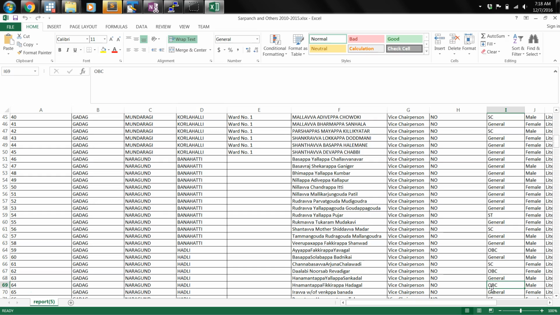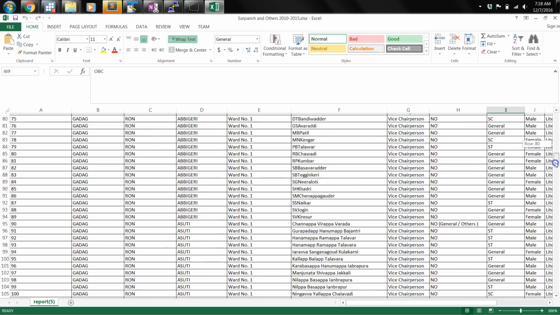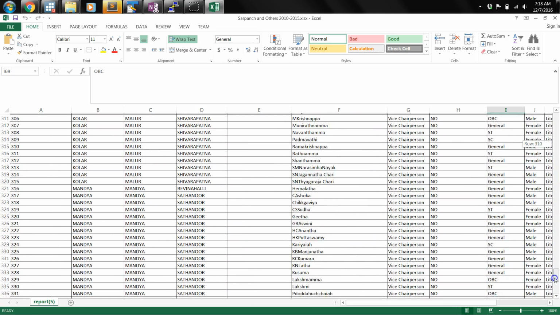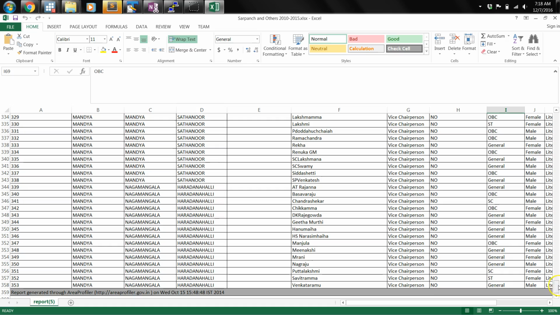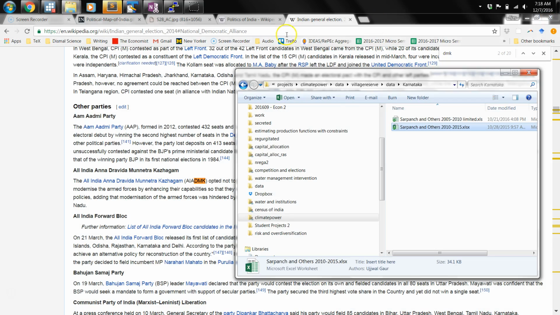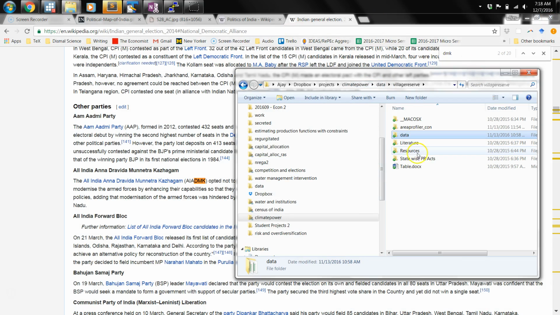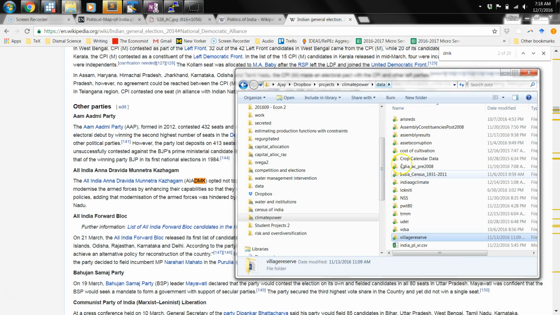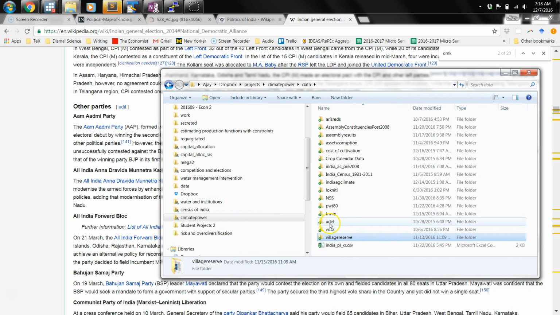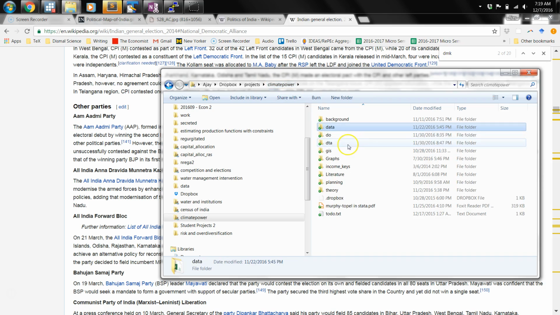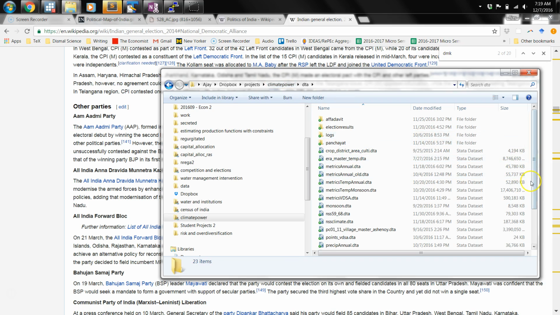All right, so essentially what happens is seats will basically be reserved. So in this case, I guess none of these data seem to have reservations here, but this is done both at the village level and at the state and national level. So there will be districts that are literally reserved for these categories.